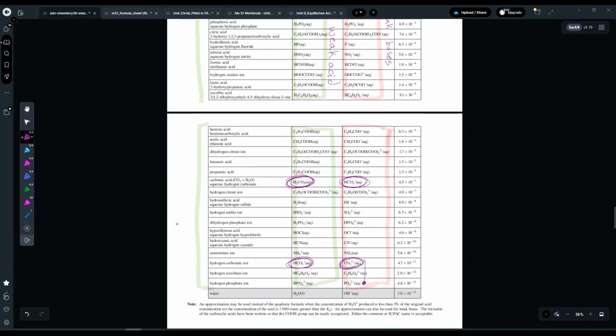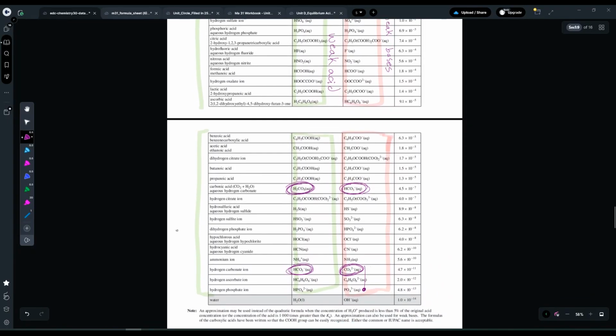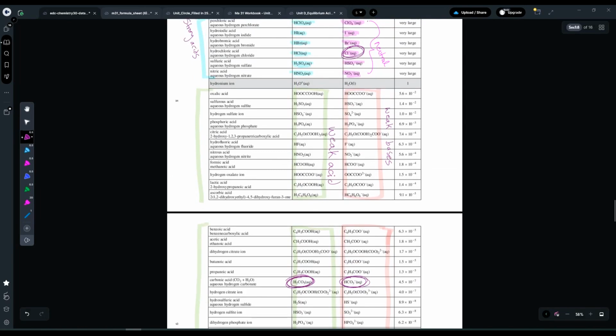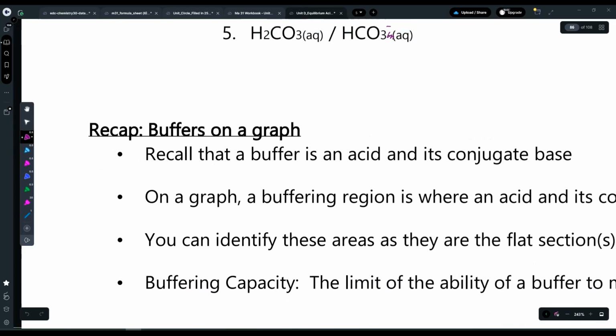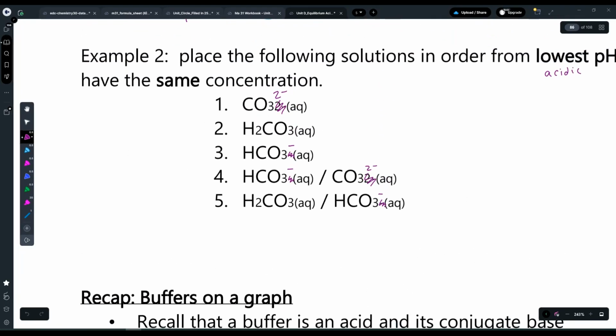Okay, so looking at what we have circled here, and again, to figure out your strongest acid, you're starting with your finger up here, and then you just scroll down until you hit the first acid that you have listed. So in this case, that's going to be carbonic acid. So what that means is our solution that just has carbonic acid in it, that's going to be the most acidic one. So I'm going to rate that one as the first one.